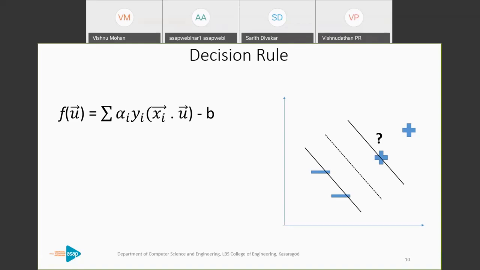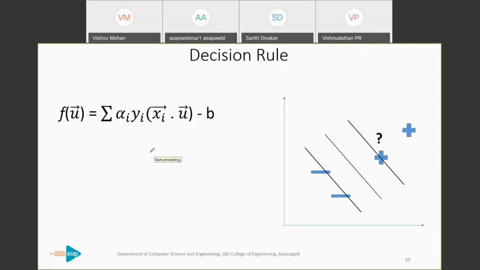Is support vector machine a linear classifier? Yeah. The support vector machine that we are going to discuss now is a linear support vector machine. Okay. But you can also solve non-linear problems using support vector machine. The real-life data that we get now may not be linearly separable. Okay, I'll just show you a simple example.